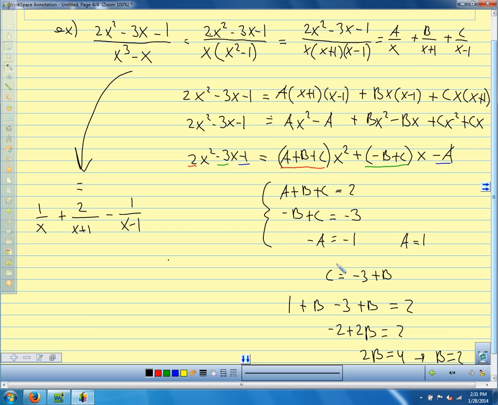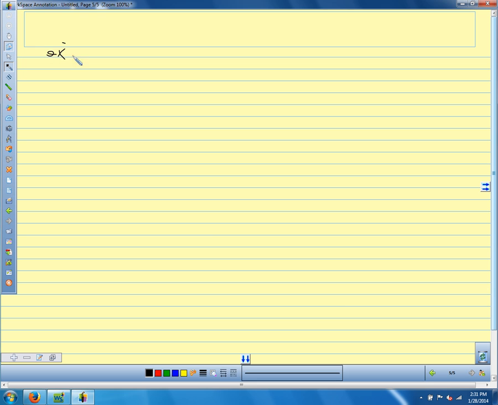All right, I want to look at one example with a quadratic factor. So we want to write the partial fraction decomposition of this rational expression. So what's our first step? It is not improper.